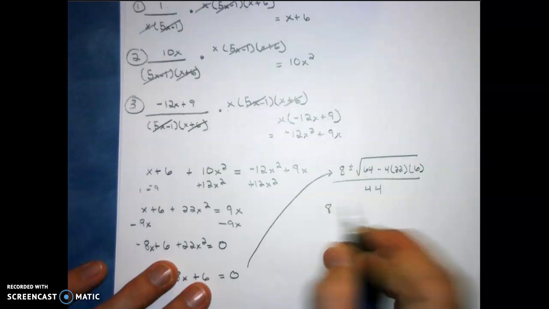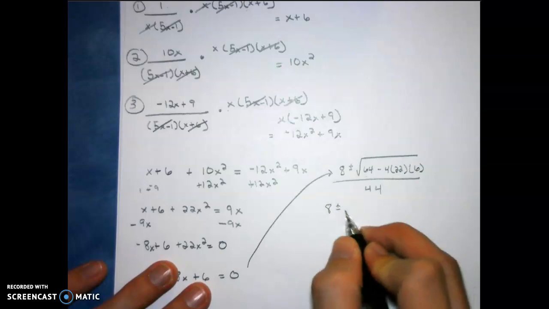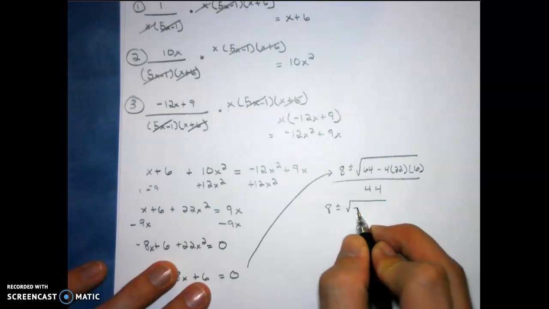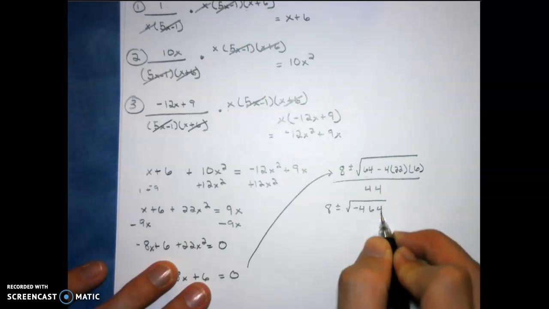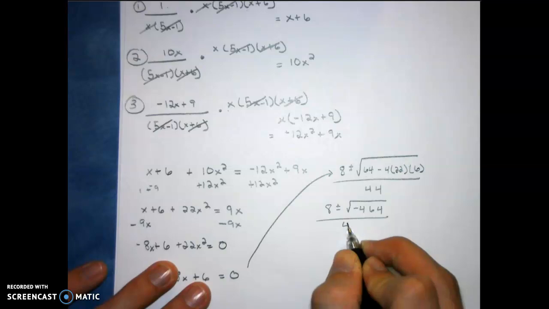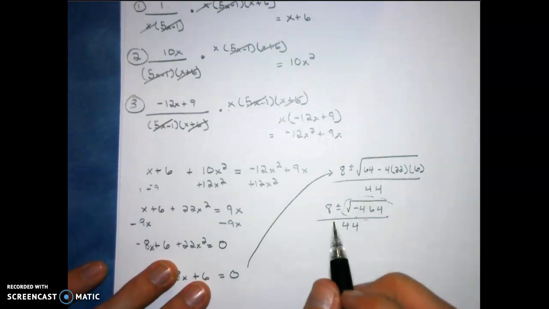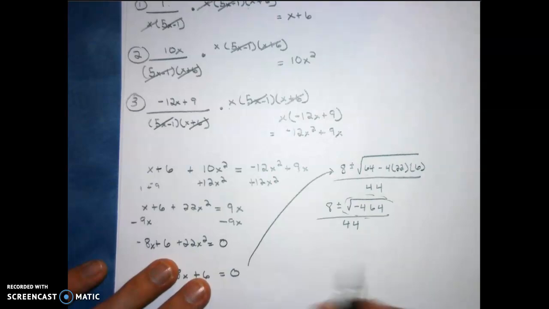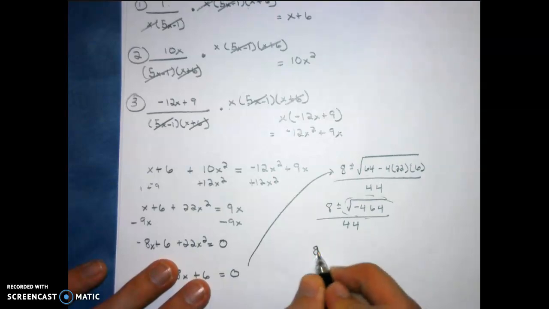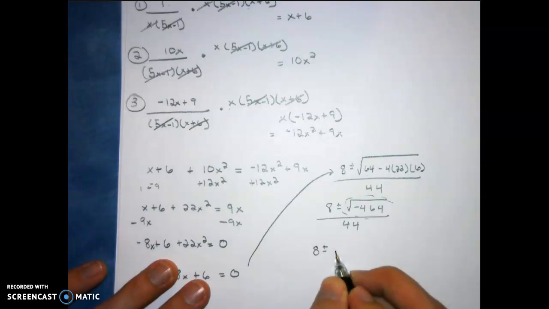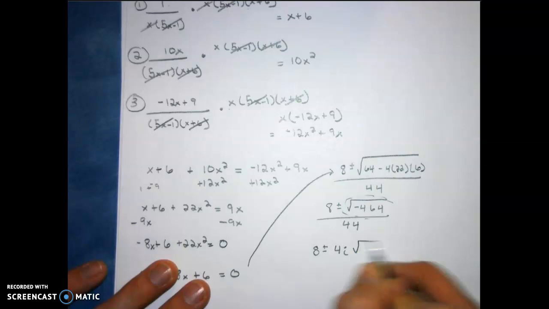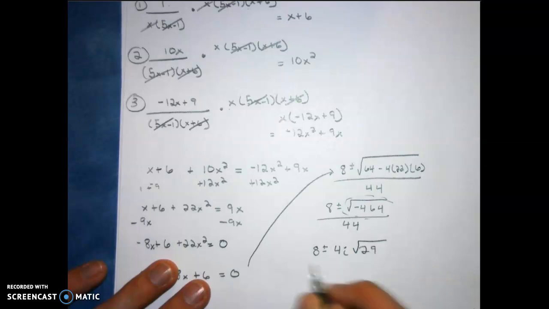So we get 8 plus or minus the square root of a negative 464 over 44. We have to reduce this, and we definitely can't take the square root of a negative. So when we reduce it, we get 8 plus or minus 4i square root of 29 over 44.